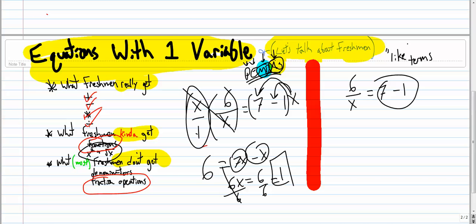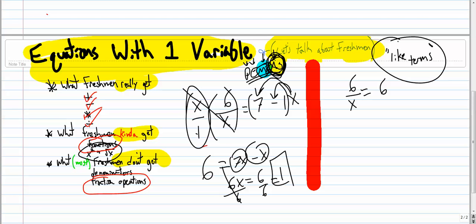And since they are like terms, they're both just numbers, that means that you could look at it as 7 minus 1, but another way to look at it would be to say, well, it's not really 7 minus 1, it's actually just 6. Okay? So we kind of went against PEMDAS by doing our subtraction first, but since they were like terms, it was fair game.